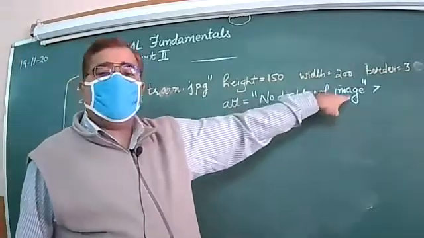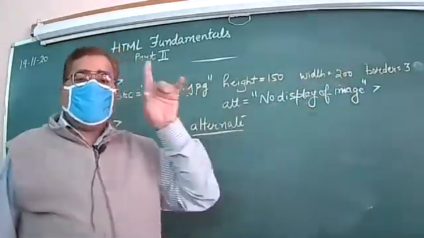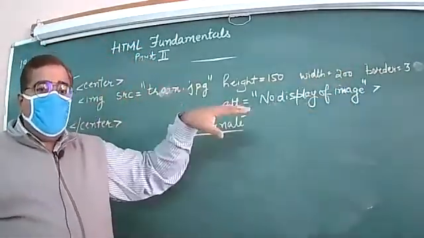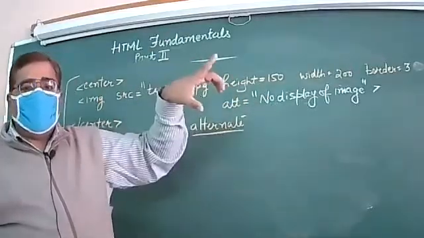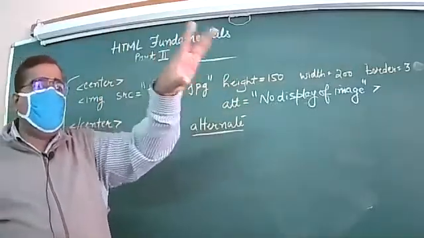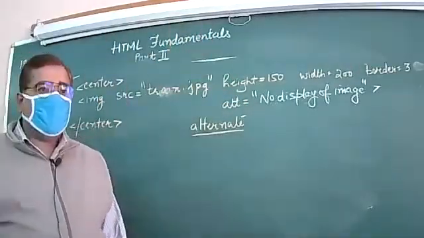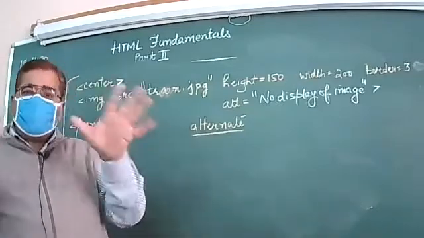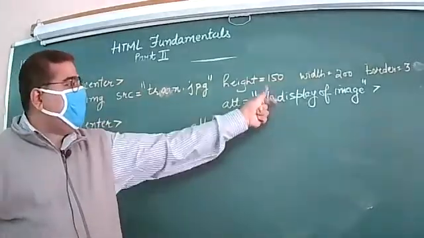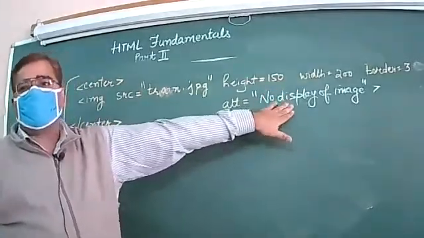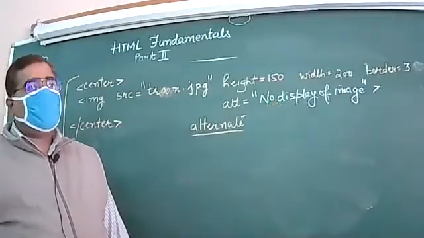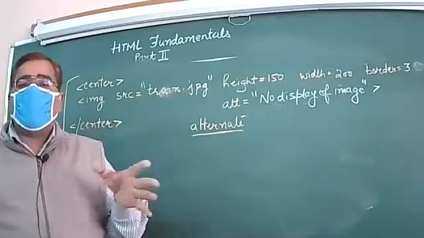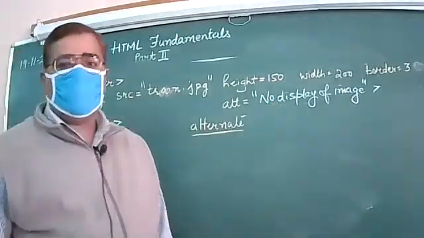No display of image. This problem will only arise in that case where image is not able to be displayed by the browser. If your image is properly displayed, this message won't come. Clear? So this is the role of alt attribute.